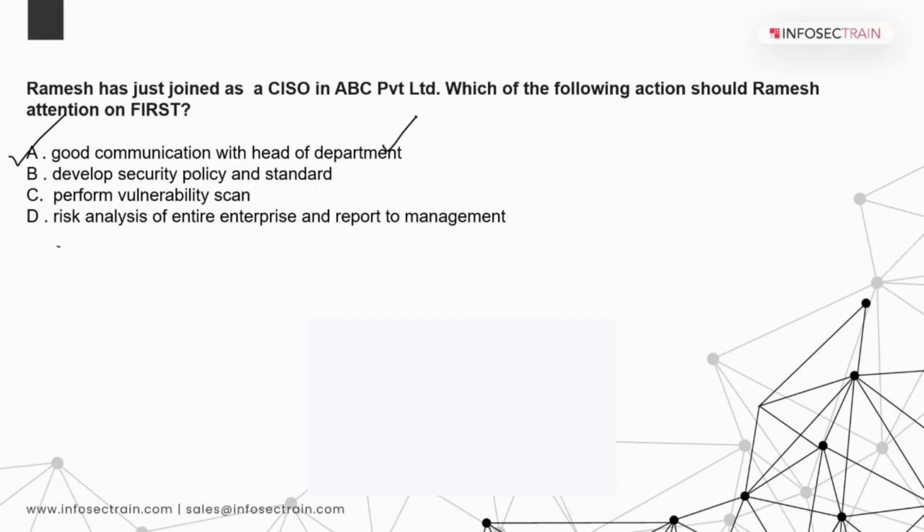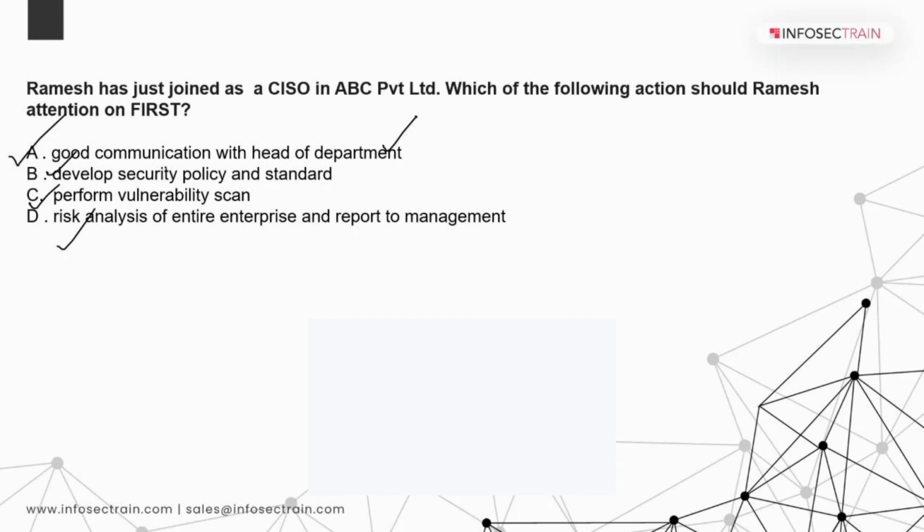See, all activities, risk analysis, performance, development, security policy: before doing all the tasks, you have to discuss with your business heads and your department heads, right? Without taking their consent, you can't do any task. So that you have to do first.